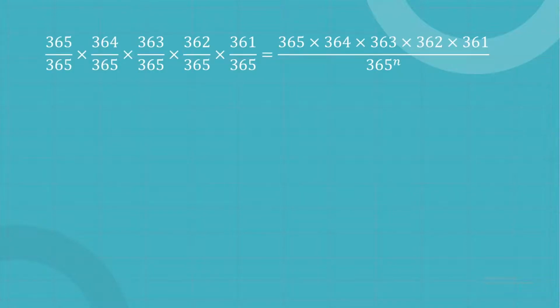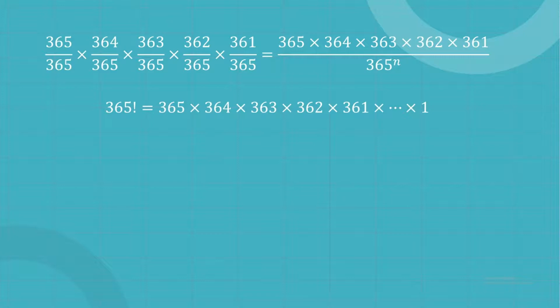We can also simplify the equation for the probability of no shared birthday. So let's take the equation from the previous example. Since the denominator is 365 multiplied by itself as many times as the number of people, we can rewrite it as 365 to the power of n. Then we can use factorials to simplify the numerator part. Using factorials, the factorial of 365 would equal the product of all the descending integers from 365 down to 1.